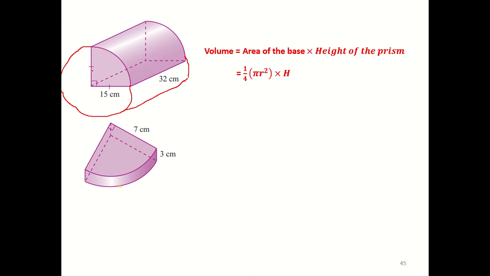Remember, when you calculate the area of a circle, it is pi r squared. The area of a circle is pi r squared. Where there's r, I will simply substitute 15, which is the radius given to you. The height is 32. A quarter multiplied by 15 squared multiplied by 32 will give you how much?